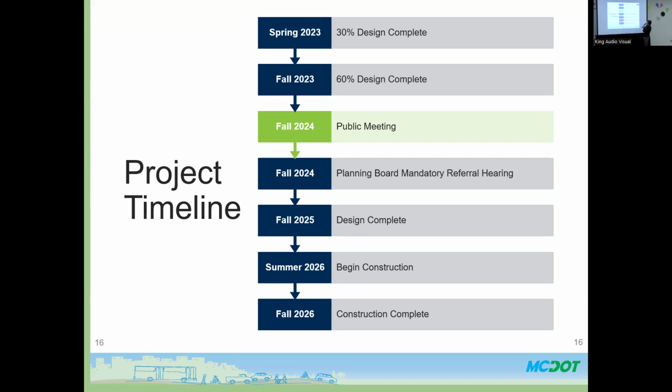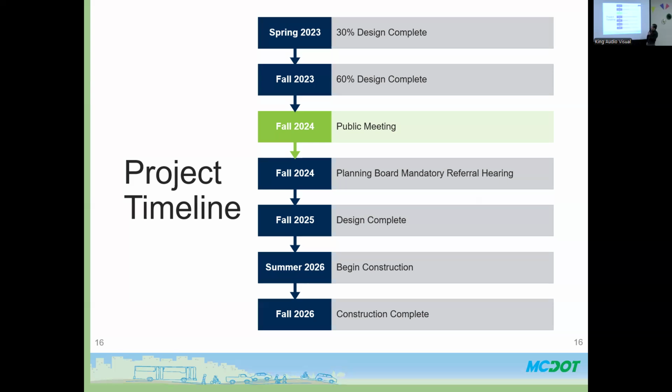We've completed the 30% design and 60% design, and right now, in the fall of 2024, we are approaching our 65% completion, which is why we're here today, to present our design to the public. Most importantly, what we want to do is get your input, your feedback. We're listening to your thoughts, because you live here, you know things that we don't know. And that's primarily why we're here today.